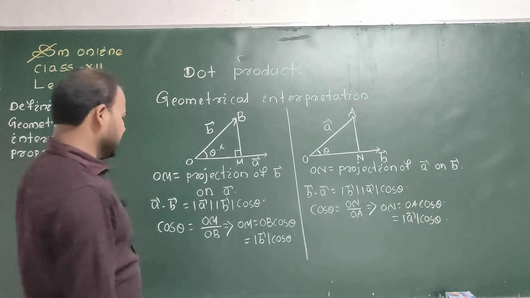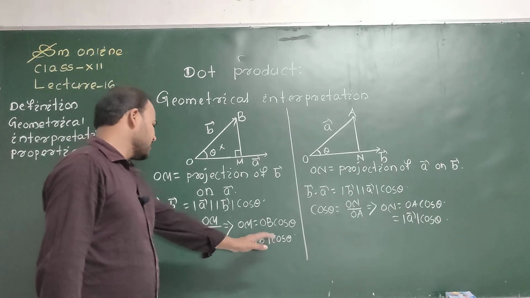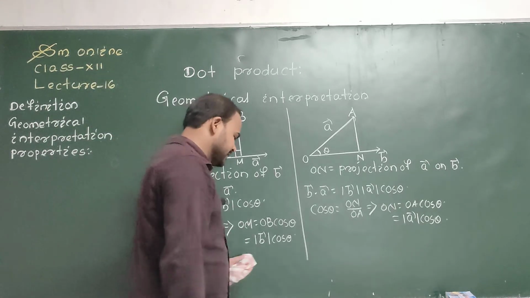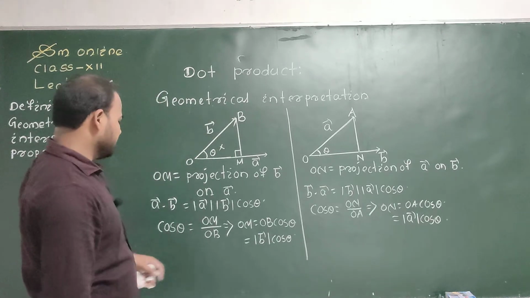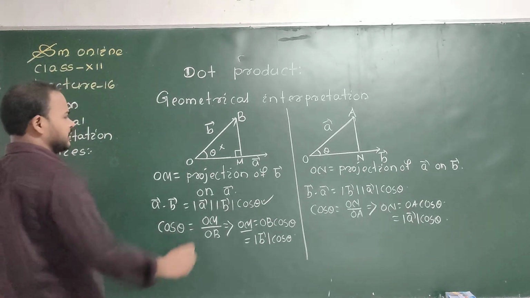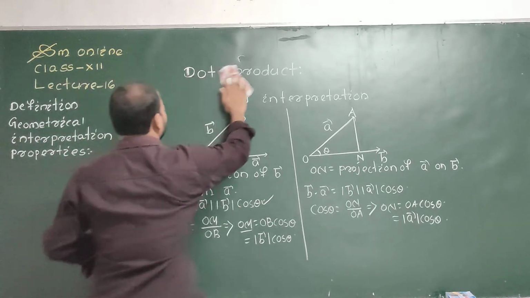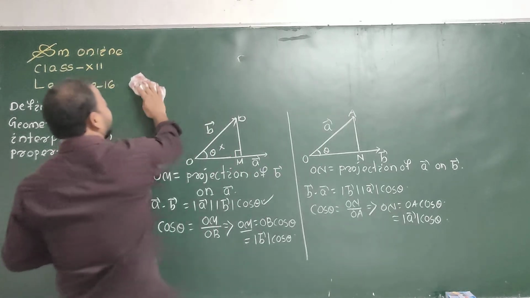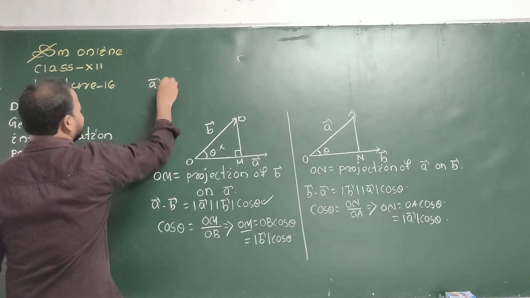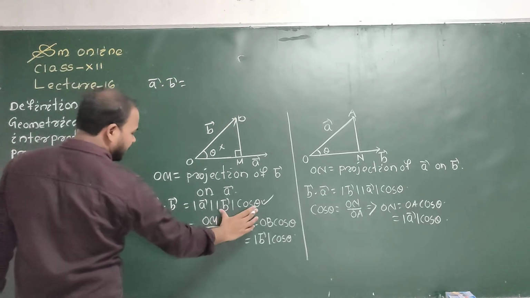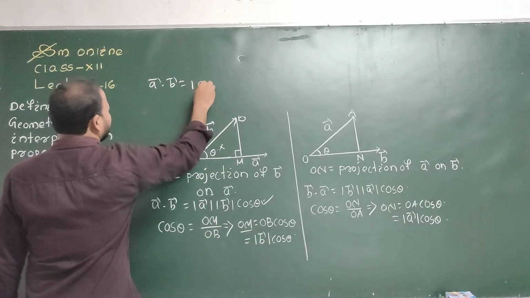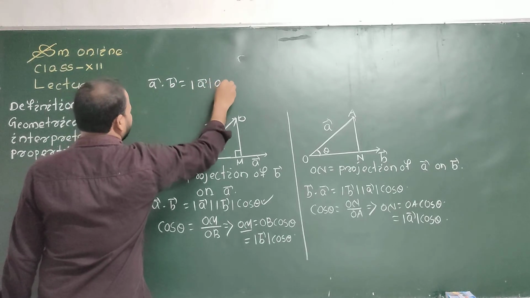Now if we put the value of OM in the equation for A dot B, then vector A dot vector B equals the magnitude of A times magnitude of B cos theta, that is OM. So it equals the magnitude of vector A into OM.